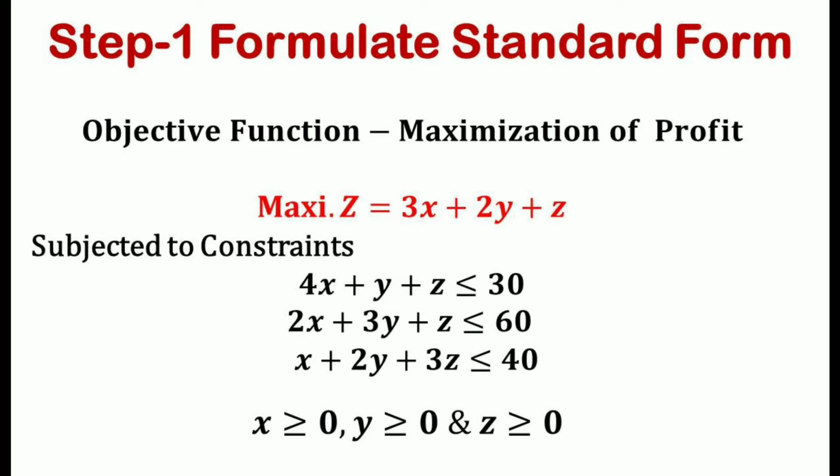Subject to the constraints 4x plus y plus z less than or equal to 30, 2x plus 3y plus z less than or equal to 60, x plus 2y plus 3z less than or equal to 40, and all the decision variables x, y and z are greater than or equal to 0. That means all are non-negative.